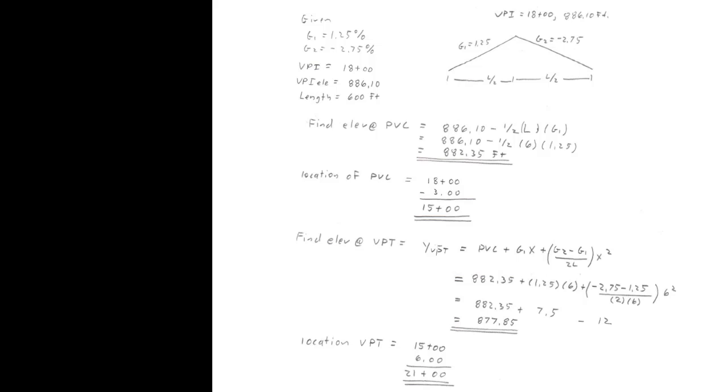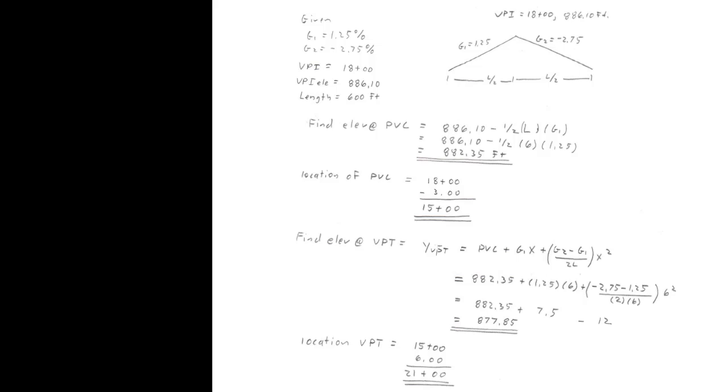Draw it. Elevation at PVC equals 886.10 minus 1 half L times G1. Solve for it, 882.35. Location of the PVC, 18 plus 00 minus 3, that's half of the length of your vertical curve, equals 15 plus 00.